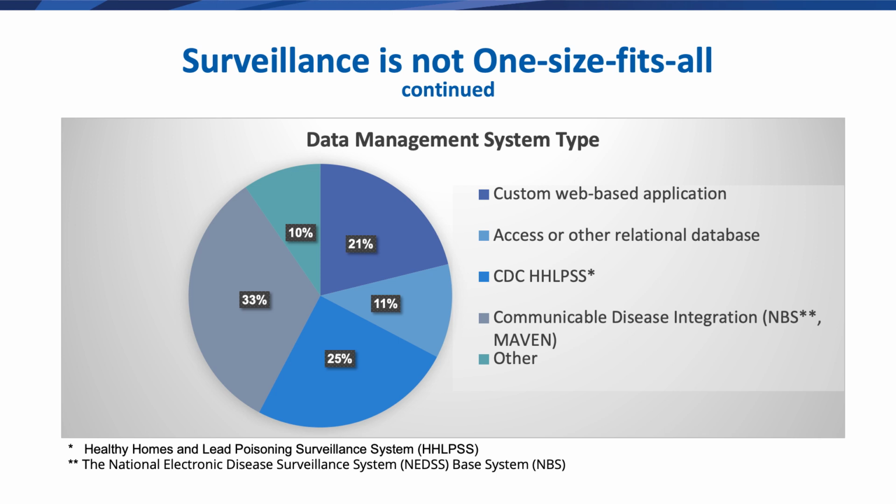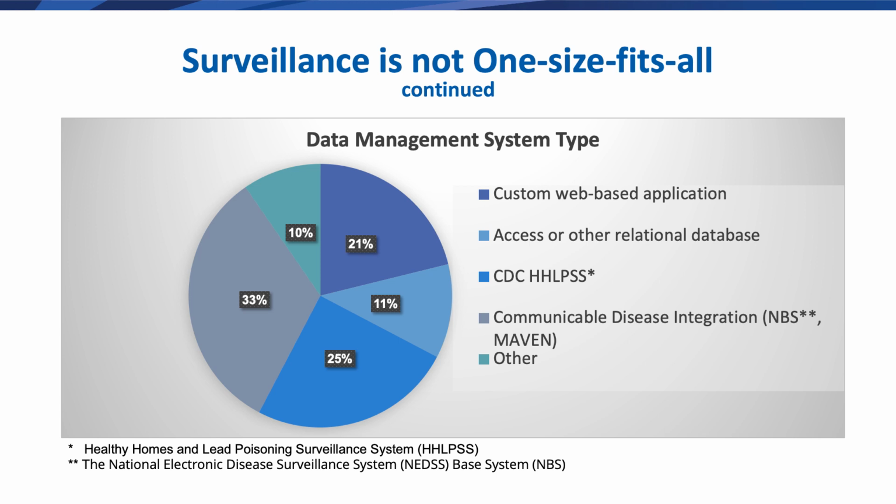You can see the different systems in place for lead surveillance across the country, including 21% using custom web-based applications, 11% using Access or other relational database, 25% using the Healthy Homes and Lead Poisoning Surveillance System, or HELPS, 33% using a communicable disease integration like National Electronic Disease Surveillance System-based system, NBS, or Massachusetts Virtual Epidemiologic Network, or MAVEN, and 10% reported using other systems.